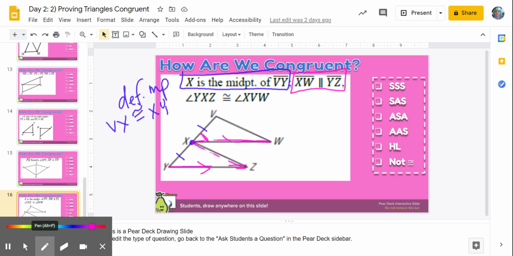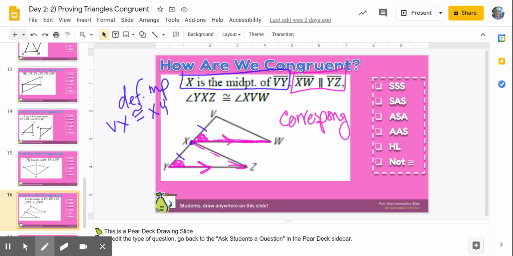If I've got an angle up here on the top of the parallel line, and I slide it down to this parallel line, are those corresponding? They are. Corresponding angles are congruent. So angle VXW is congruent to angle XYZ. Those are those pink angles.